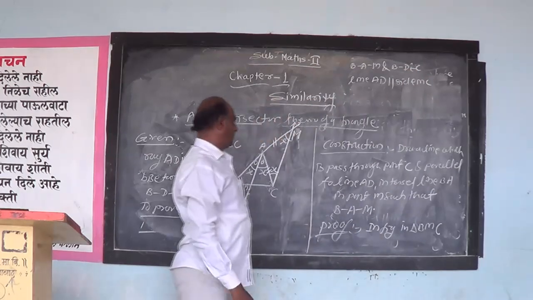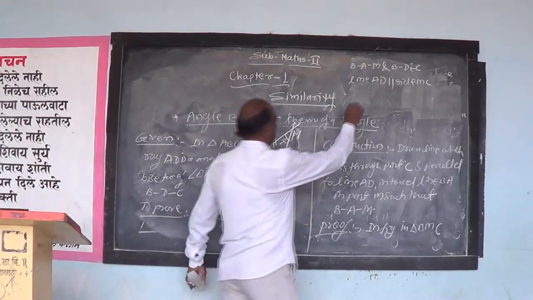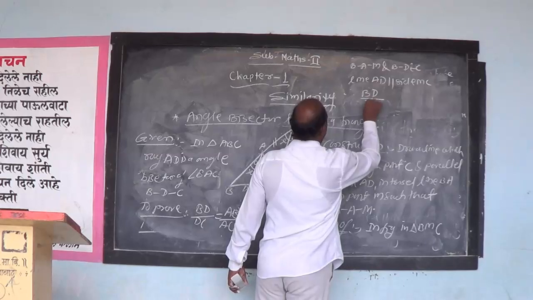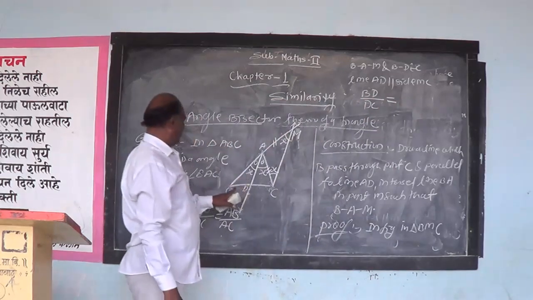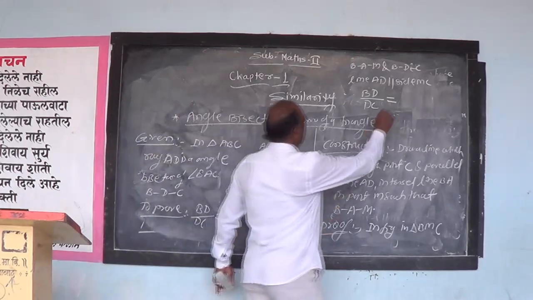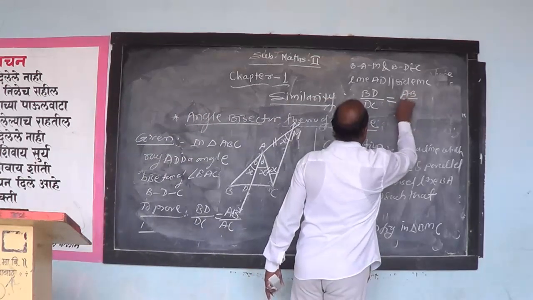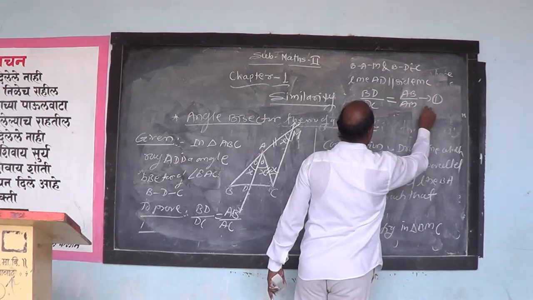Therefore, by the basic proportionality theorem, we get BD upon DC is equal to AB upon AM. Denote this equation number 1.